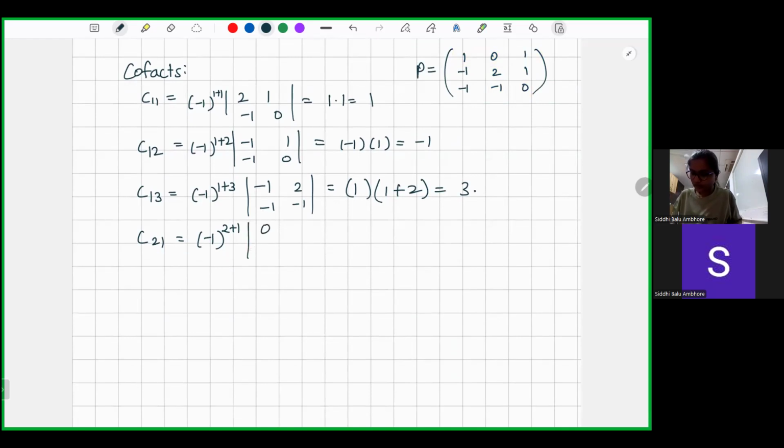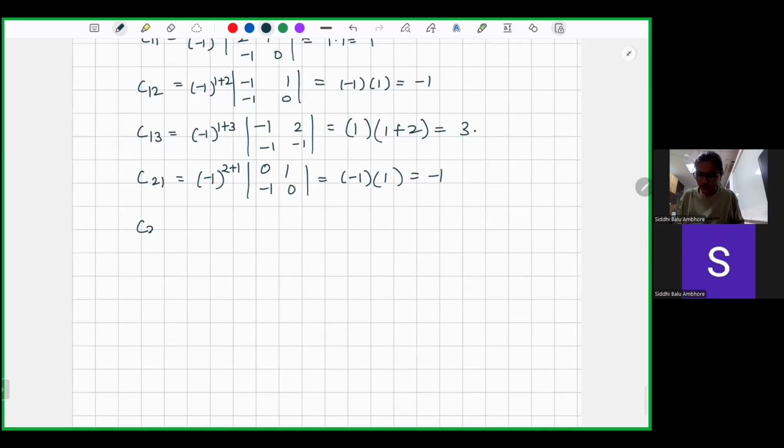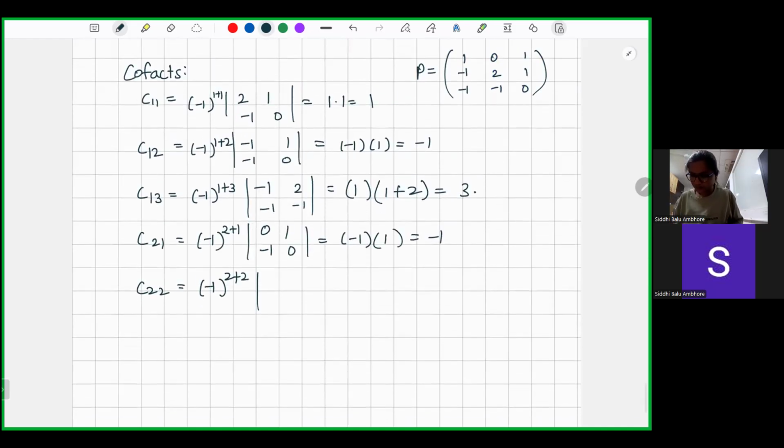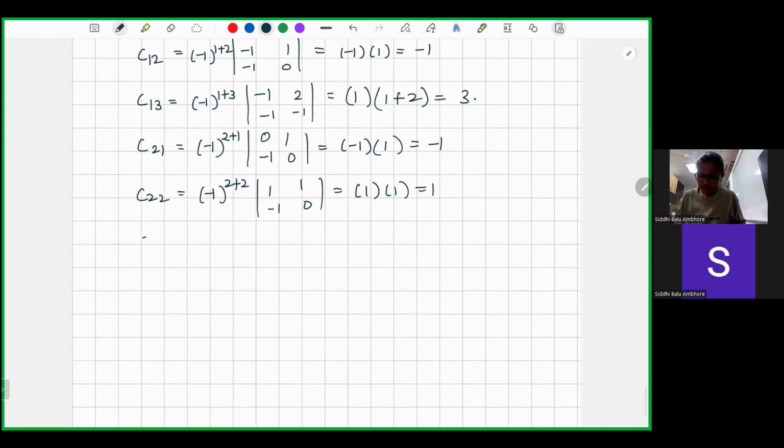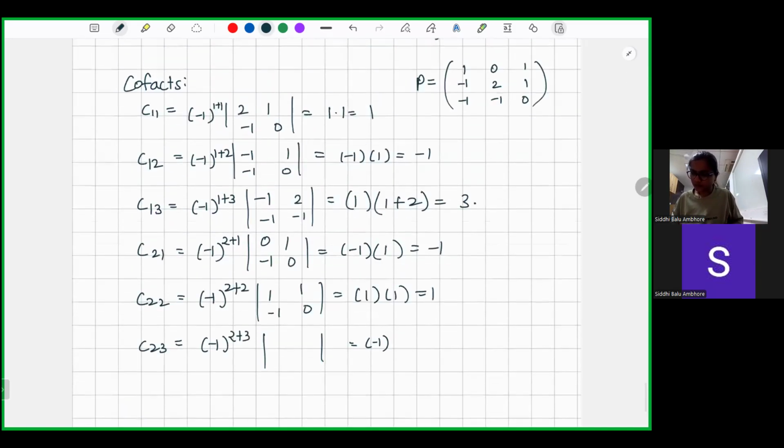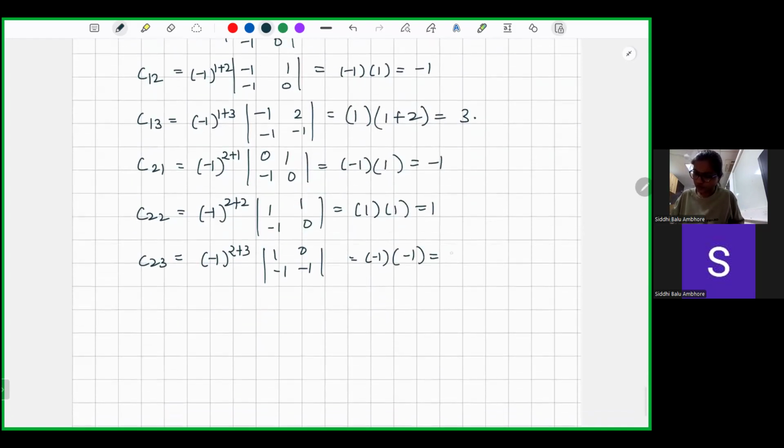It will be 0, 1, -1, 0, which gives me -1. C22 will be -1 power 2 plus 2, with 1, 1, -1, 0, which gives 1 into 1, that is 1. C23 will be -1 power 2 plus 3 into the determinant of 1, 0, -1, -1, which is -1, giving me 1.